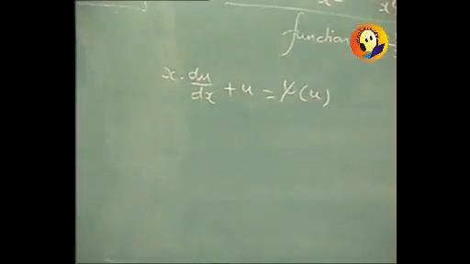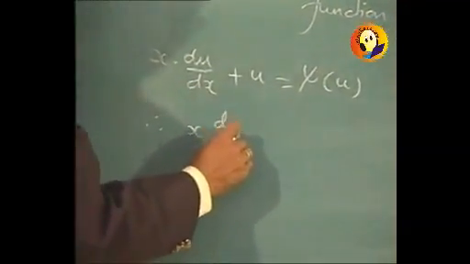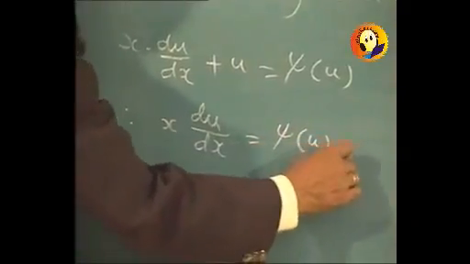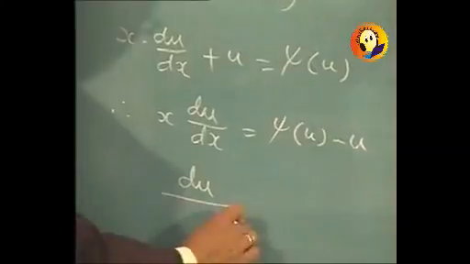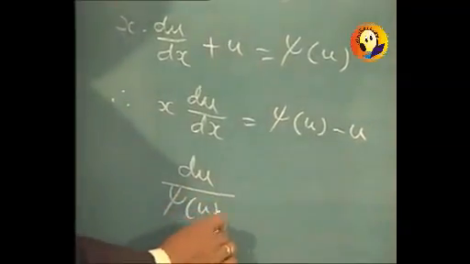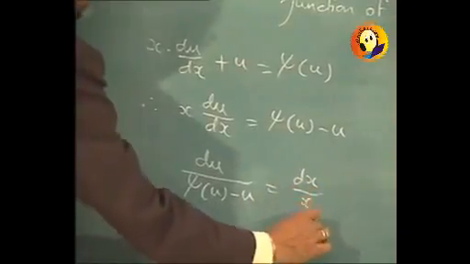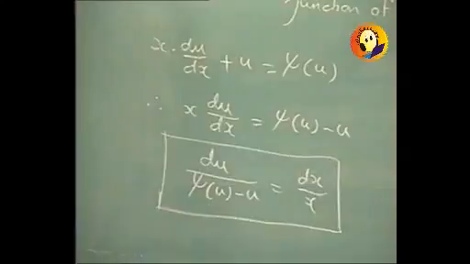Therefore, x du by dx equal to psi of u minus u, and then it can be written as du upon psi of u minus u equal to dx upon x, which is our earlier form, variables separable.